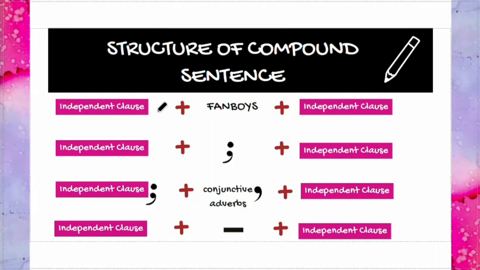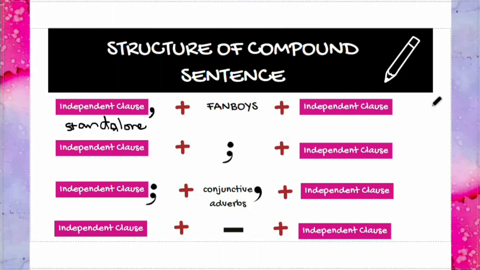To make a compound sentence, you need an independent clause, which means a stand-alone sentence, plus FANBOYS, and then another independent clause or complete sentence.